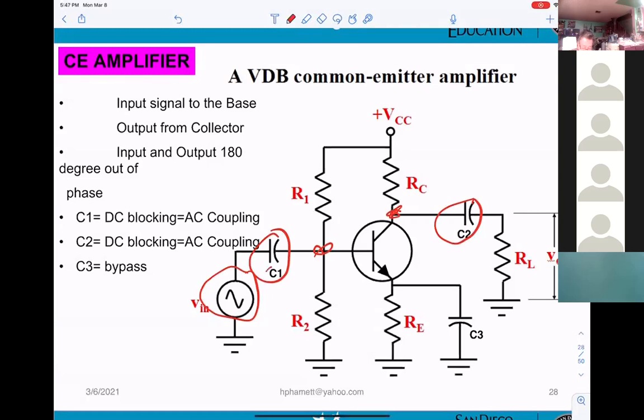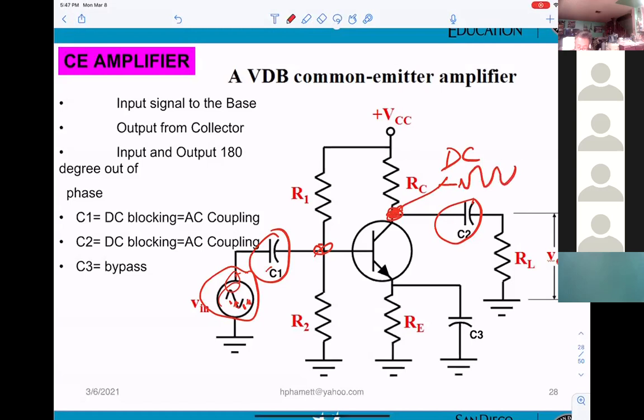C1 here allows the sine wave to go in from the input to the base. However, any DC from the input here cannot go to the base, because you don't want any DC for your signal. And also at the collector here, you get a DC for the collector when you calculate the DC, and also you get the sine wave.